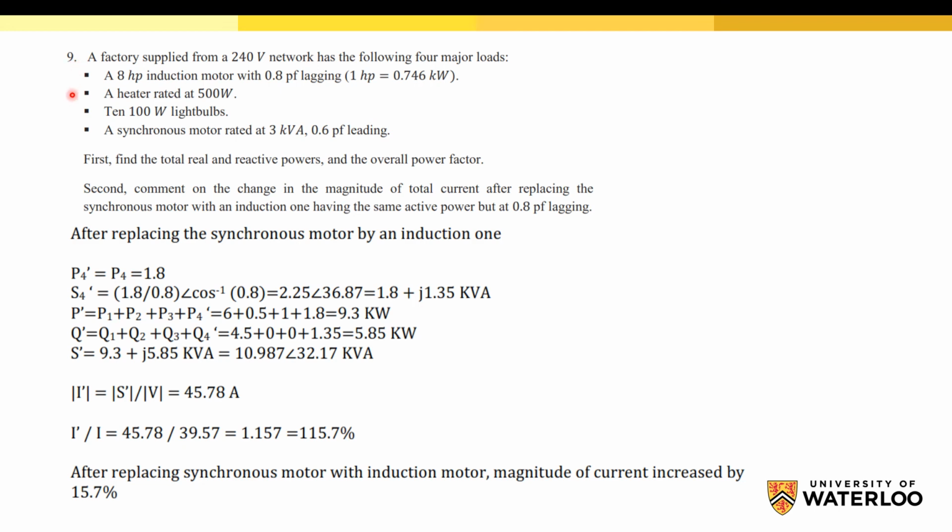These three are the same, and we can calculate the new total complex power, and then we can calculate the new current, and of course the new current will be higher than the old one, because here we have 0.8 power factor lagging, which makes the S value higher, and then the total current will be more.